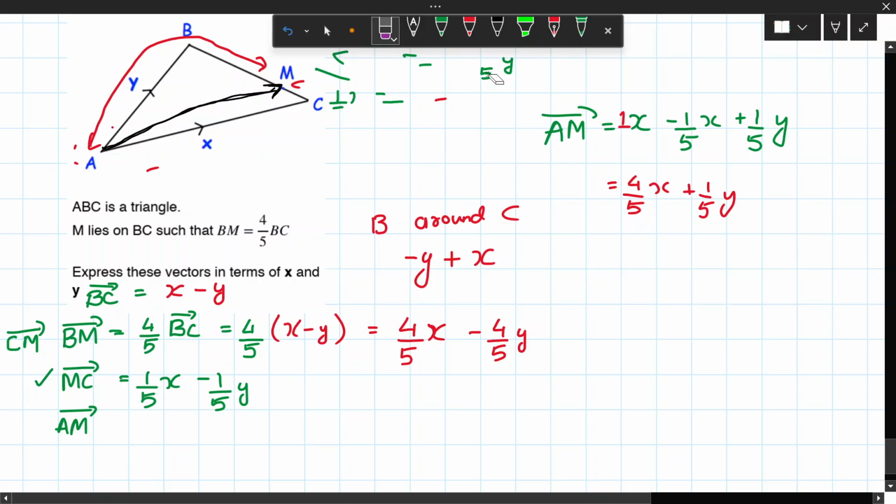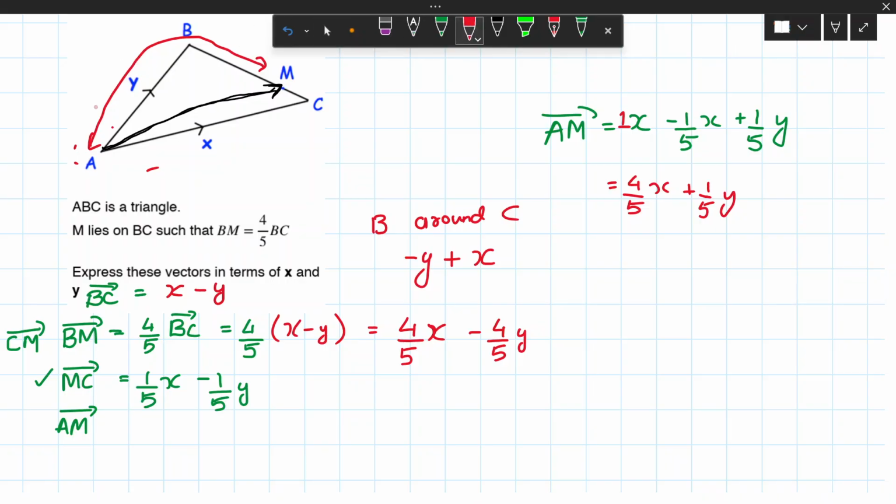Let's do this in the clockwise direction now. If I'm doing this in the clockwise direction, I am traveling upwards, so I do collect a full y. And I know what BM is. BM is 4/5 x minus 4/5 y. So a full y, add that to 4/5 x minus 4/5 y.